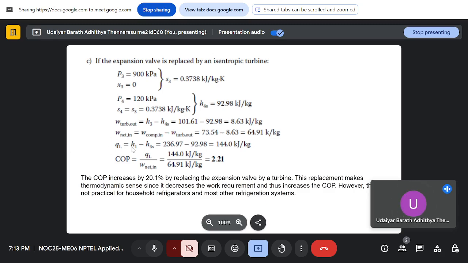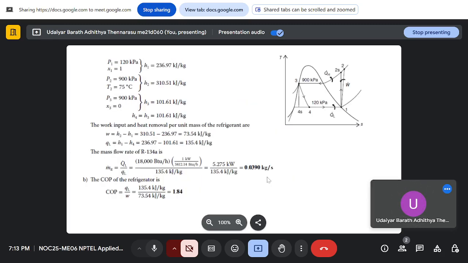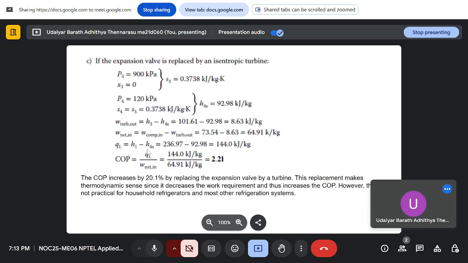Your QL, which is the heat load in the evaporator, has gone up because H4s is lower. H1 minus H4s will come out to be 144 kilojoule per kg. So for this case the COP is now 144 by 64.91, which is 2.21. So the COP has increased by 20.1% by replacing the valve with a turbine.